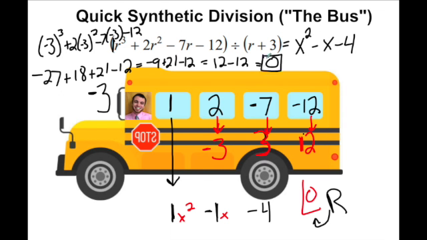So this method is also called synthetic substitution, because whatever you get for the remainder is what you essentially get when you take the opposite and plug it in.